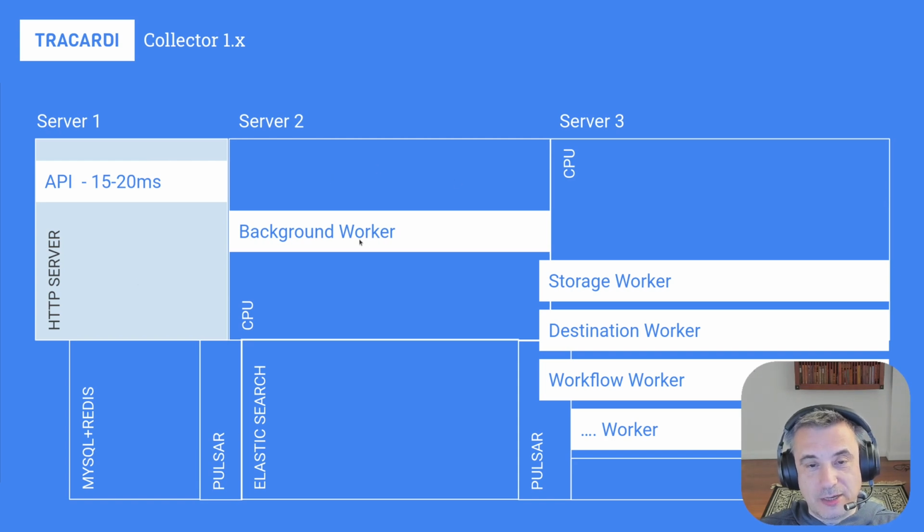The background worker can also spawn other workers. It also uses Apache Pulsar, so if it decides that it should store the data in a separate storage worker, then it uses the storage worker. It uses a destination worker to send the data, and a workflow worker to process the data within the workflow. So there can be different workers, and they can run on a separate server. This is quite a different architecture, and it's much more performant.